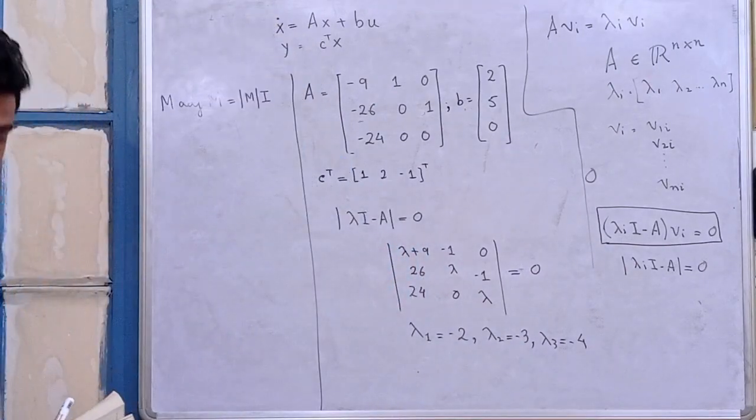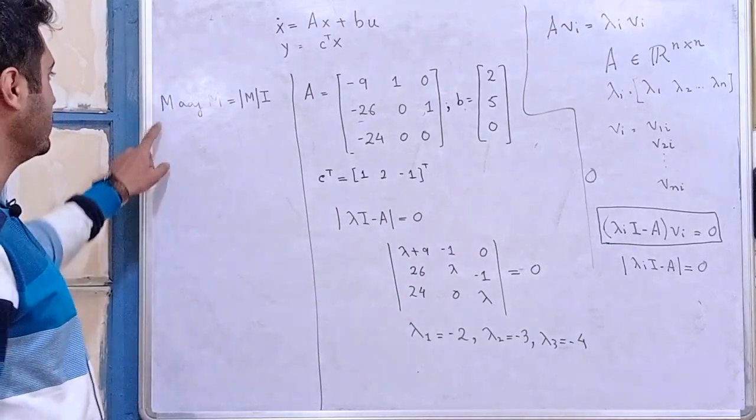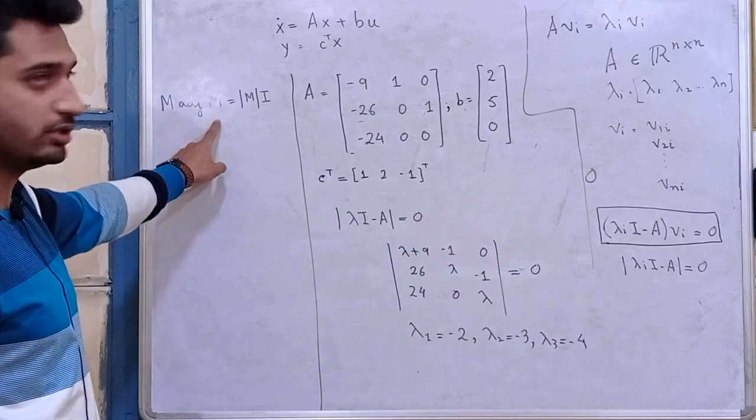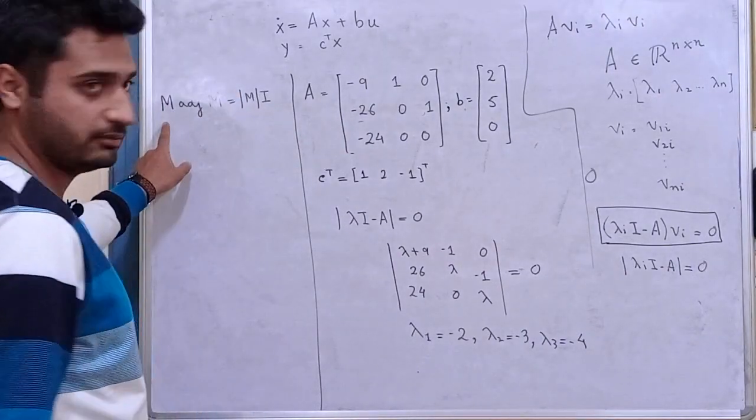You must have studied this property from linear algebra: if you have a matrix M, then M into adjoint of M is equal to determinant of M into I, where M is any matrix.